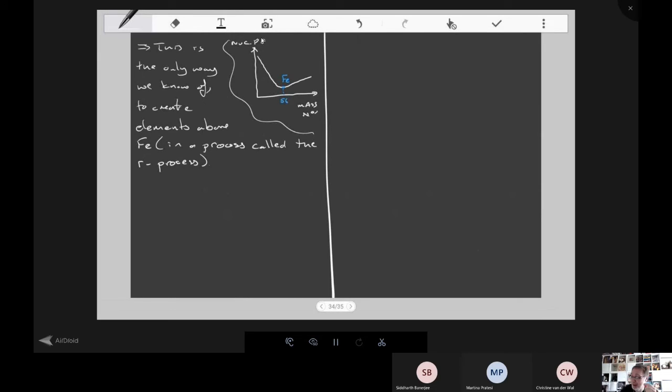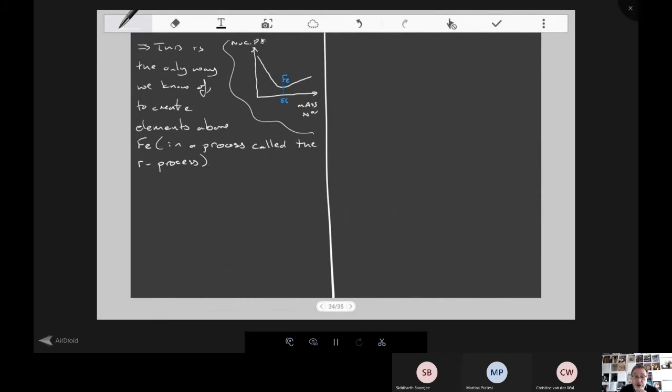There's basically two processes, I suppose I could have said it that way, couldn't I? There's two processes. One is called the R process and the other one is called the S process. R stands for rapid, S stands for slow. There is actually a slow way of making elements above iron in the periodic table, but this is the main one. So this is how the periodic table, with all of its parts, has come into existence, as it were.